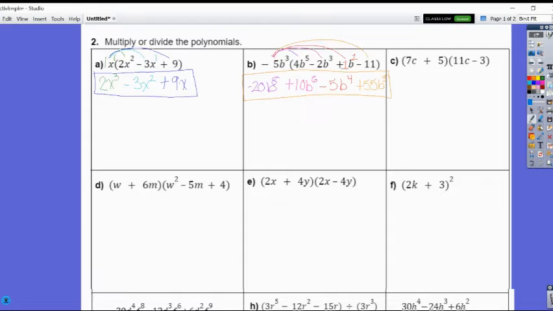Now, as we come along and look at that part C, notice that it is a binomial times a binomial. My first term is going to need to multiply to both terms in the next set of parentheses. So we'll do 7c times 11c. Just like we distributed earlier, 7 times 11 for my coefficients makes 77, and c times c makes c squared.